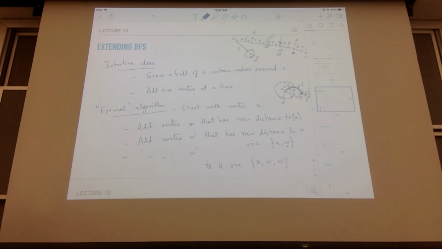And you've got to ask yourself, how are we going to implement this? At every step, you've got to find the vertex to add so that its distance to U via this set of vertices is as small as possible. If you want a data structure that lets you find the minimum element pretty quickly and do updates pretty quickly, it turns out the priority queue is what you should be thinking of.